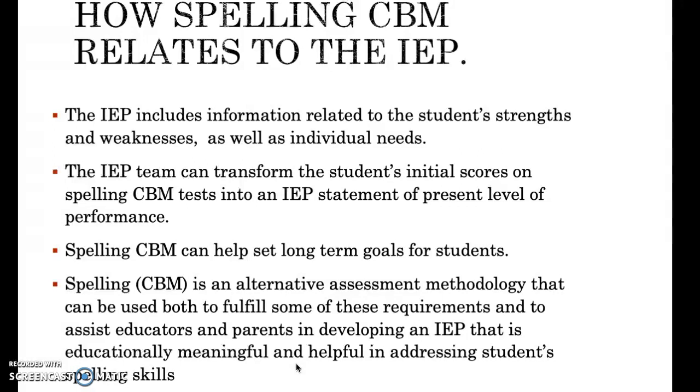Spelling CBM can set long-term goals for students, and spelling CBM is an alternative assessment methodology that can be used both to fulfill some of these requirements and to assist educators and parents in developing an IEP that is educationally meaningful and helpful in addressing students' spelling skills.